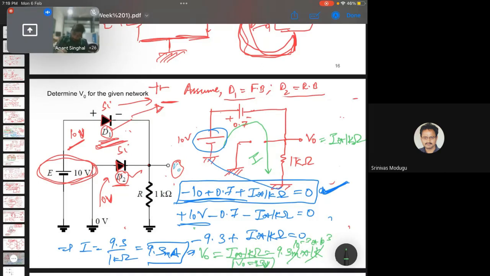So the answer to this question is 9.3 volts. If anybody is having any doubt, they can ask. Okay, fine. We'll proceed.